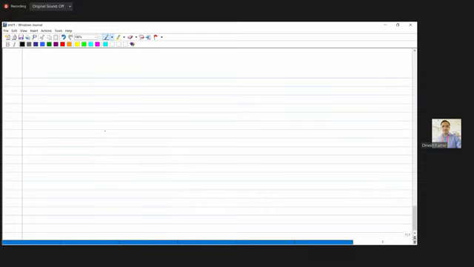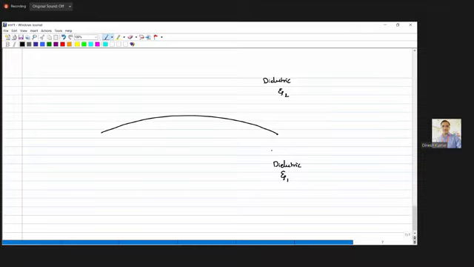So here I'm making one boundary. The upper part is a dielectric medium whose value is epsilon 2, and the lower part is also a dielectric medium whose value is epsilon 1. These are two different dielectric mediums because they have different values of epsilon.